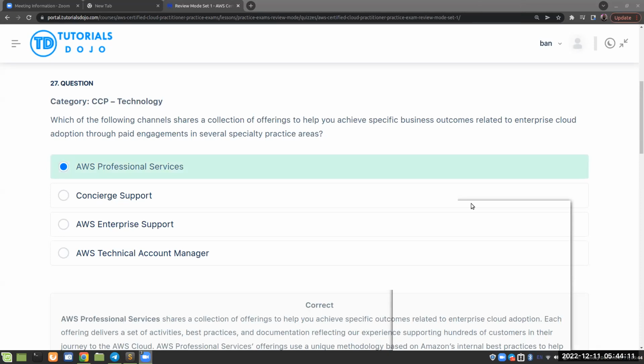So the key thing here is knowing what all these other ones are. We've always talked about technical and account manager. Remember, we're looking for a channel that shares a collection of offerings to help you achieve specific business outcomes related to enterprise cloud adoption. But this is for enterprise support. You know, technical account manager comes when you have enterprise support.